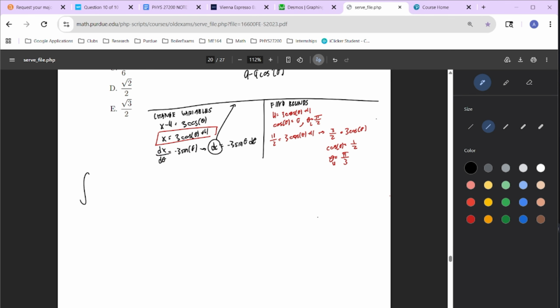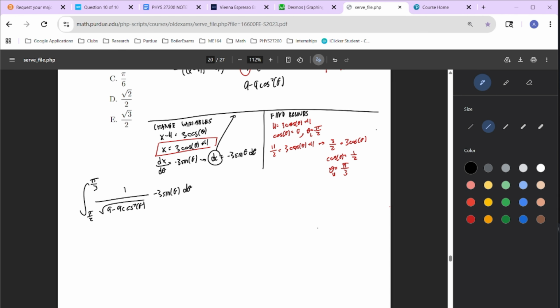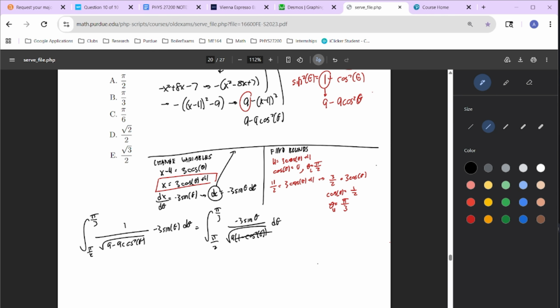This integral becomes the integral from pi over 2 to pi over 3 of 1 over the square root of 9 minus 9 cosine squared of theta d theta. Oh, not d theta. It would be negative 3 sine theta d theta. From there, what we can see is we can factor out a 9 from this. We get the integral from pi over 2 to pi over 3 of negative 3 sine theta over the square root of 9 times 1 minus cosine squared of theta d theta. Well, this is pretty evidently just sine squared of theta, like so.